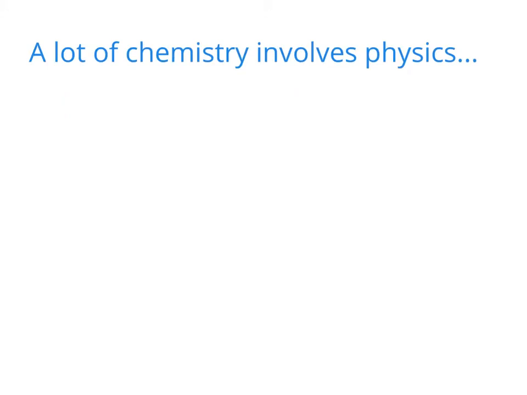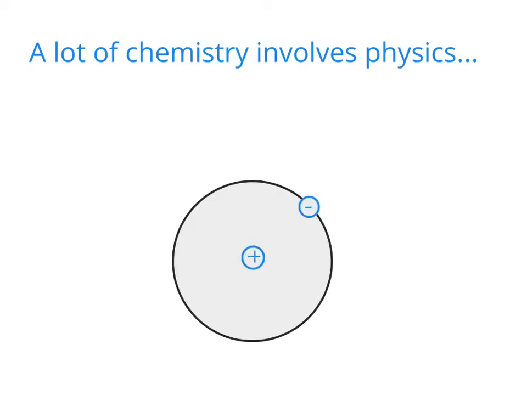So the first thing to realise is, of course, that a lot of chemistry, particularly at A level, involves physics. Really, chemistry is the interaction of matter with other matter, and the reason that it's interacting is because of attractions between charged particles. So we don't talk in chemistry about gravitational attraction.